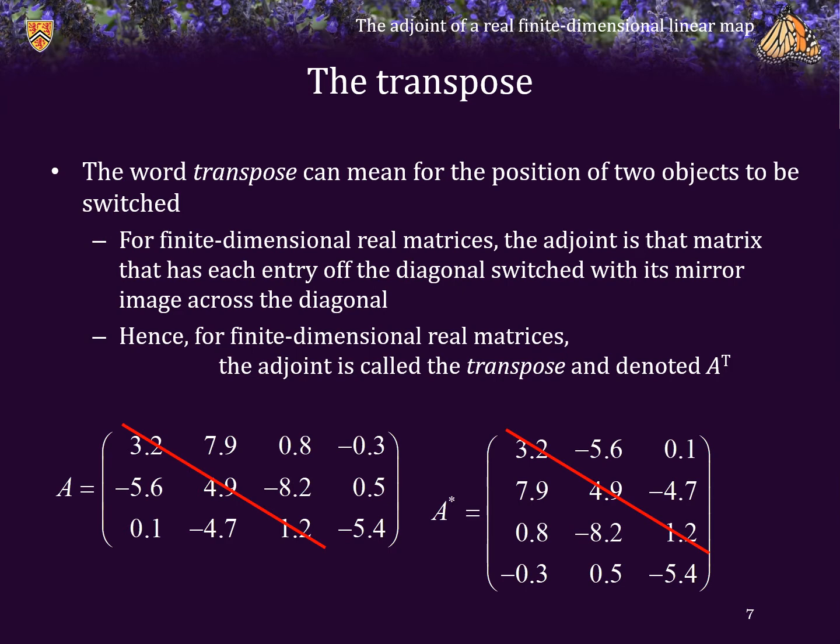And instead of having it marked as A star, we mark it as A with a superscript T. However, A superscript T still continues to have all the properties of the complex conjugate, with the exception that the conjugate of a product is the product of the conjugates, whereas the transpose of a product of two matrices is the product in reverse order of the transposes.